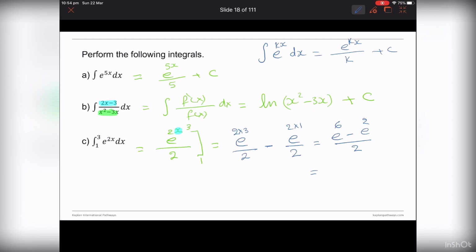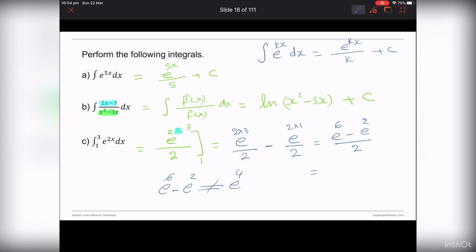But just be aware that e to the power 6 minus e to the power 2 is not e to the power 4. It's not e to the power 4 because there is a subtraction between them. So we can't say e to the power 6 minus e to the power 2 is e to the power 4. That's wrong. Okay? Only if that was a division, then it would work.